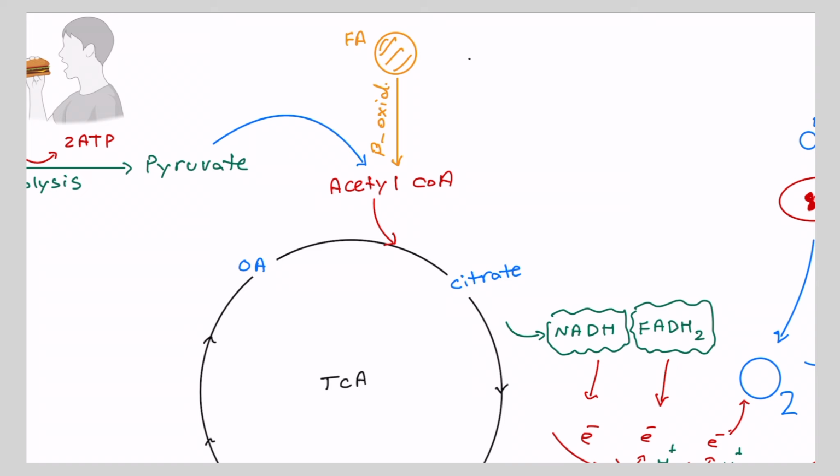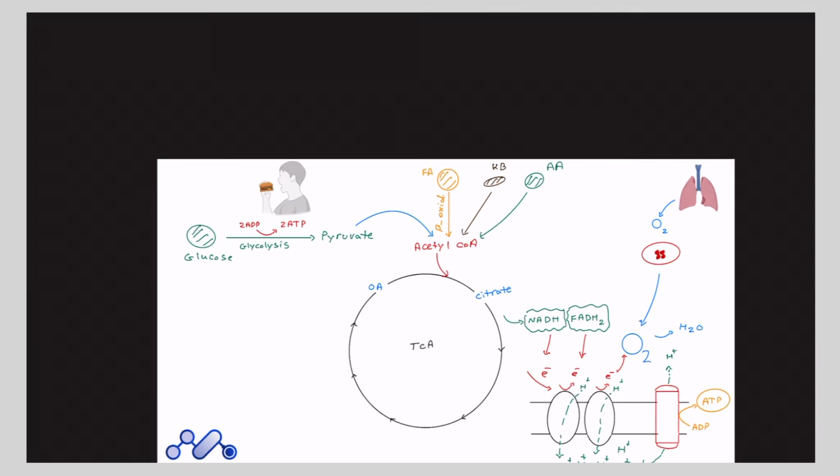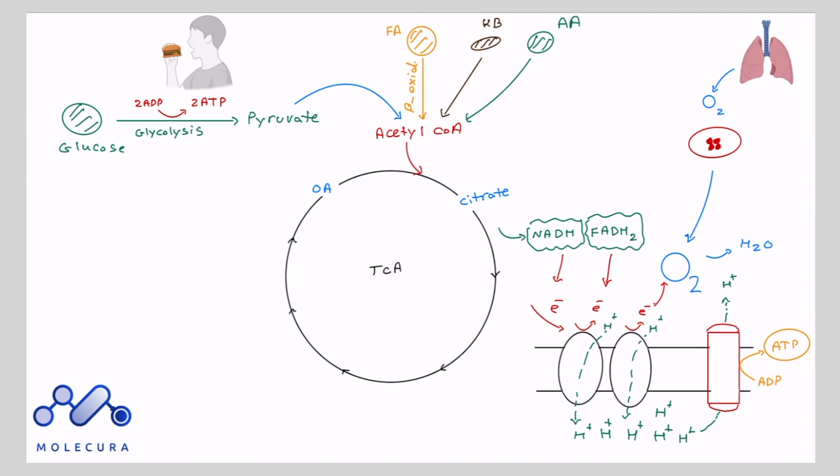Furthermore, we could have ketone bodies that get metabolized into acetyl coenzyme A. We could have amino acids undergo catabolism to become also acetyl coenzyme A. So everything we are having during the first stage of catabolism is to produce acetyl coenzyme A.